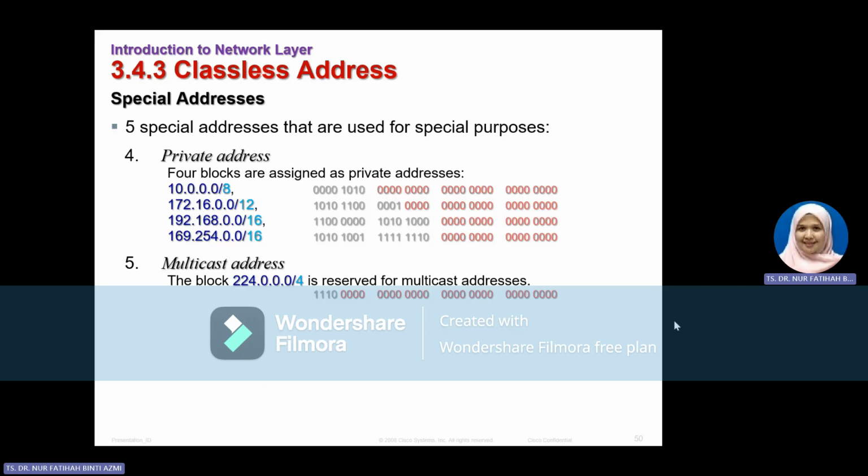For the /12, it means that any IP address starting with the binary pattern 101100000001, which is the first 12 bits, belongs to the private address range.